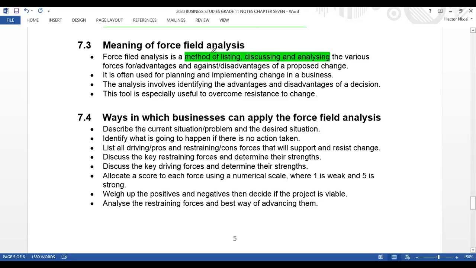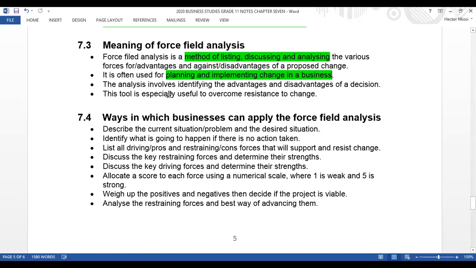This force field contains three things: you must list, discuss, and analyze. It is often used to plan and implement change in a business. So most of the time it is for planning and implementing change in a business. We're always going to use our force field.